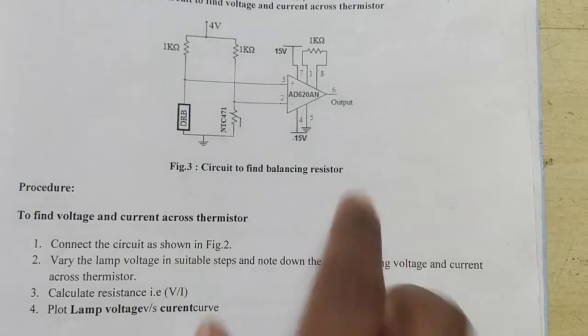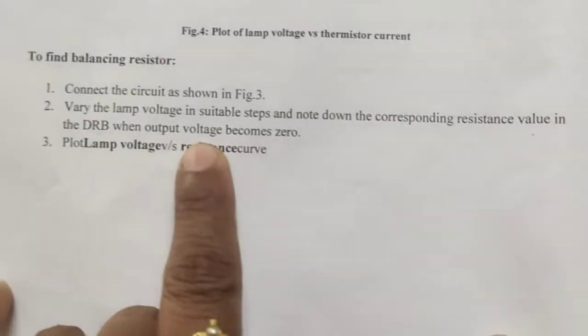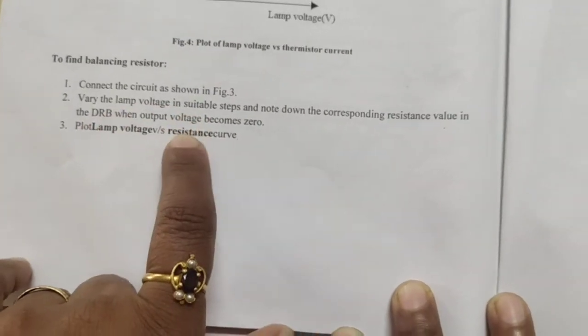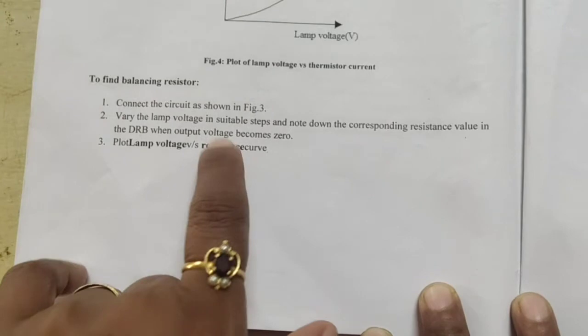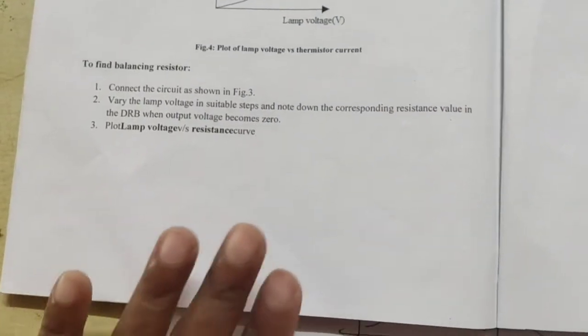At that moment, note down the resistance from the DRB. Okay, so note down the output voltage across the thermistor where it is changing from negative to positive. Similarly, we will tabulate all the values in the tabular column.